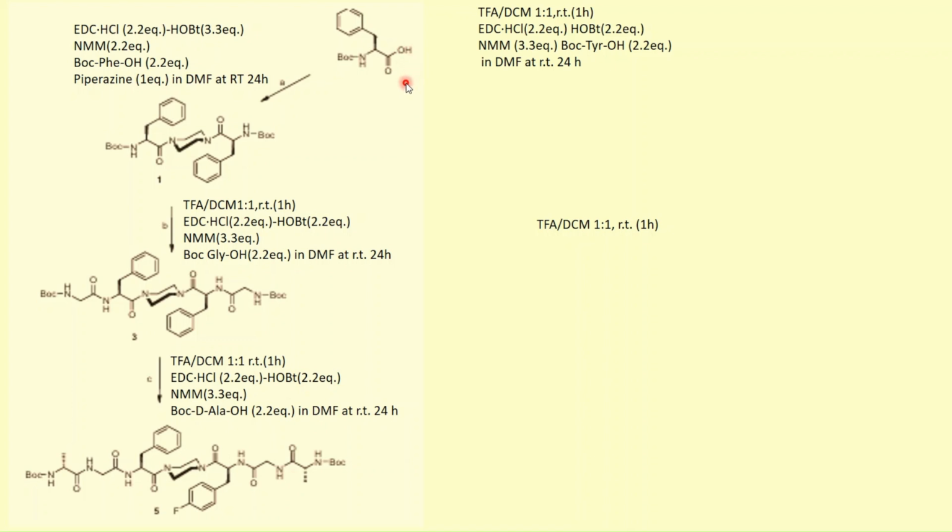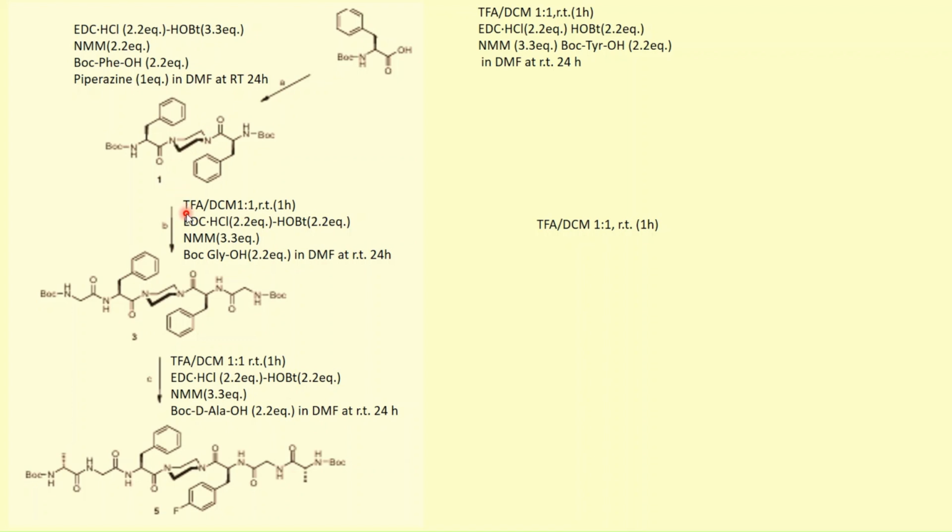This activated ester is treated with piperazine in DMF, and both acids will react at the NH in the piperazine to give diphenylalanine piperazine.